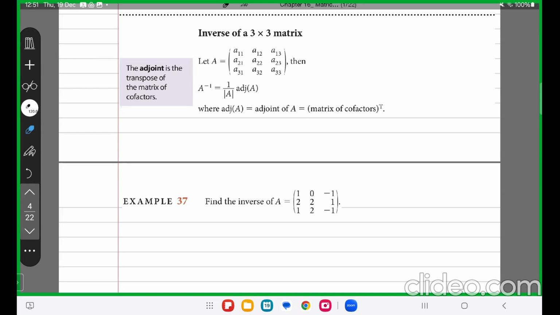Here we're told to the left that the adjoint is the transpose of the matrix of cofactors, and A inverse is 1 over the determinant of A times adjoint A. Now adjoint A, ADJ A, is the transpose of the matrix of cofactors. All right, so let's get into it.